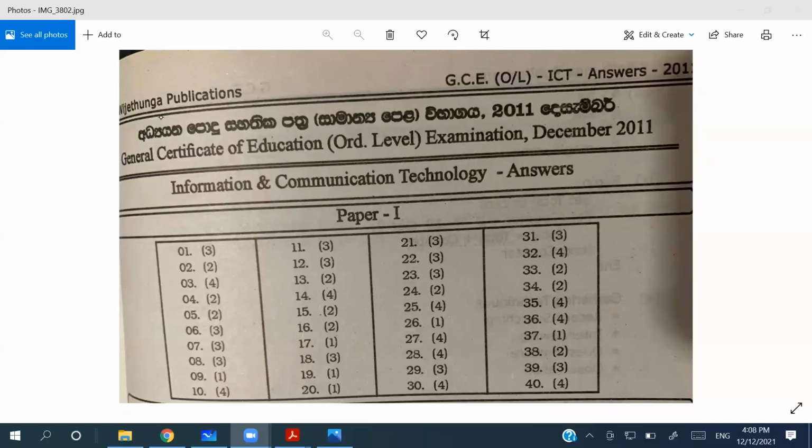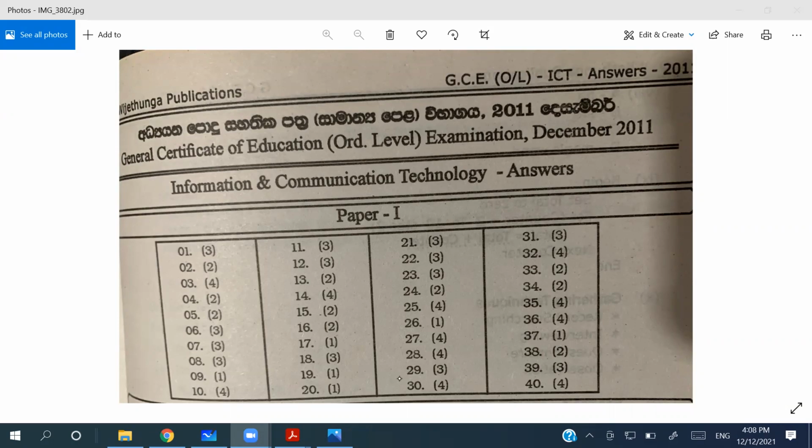Right. So this is the 2011 marking scheme. So let me know the incorrect questions. Right. I hope everyone has done with 2011.